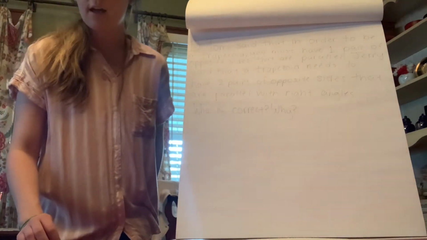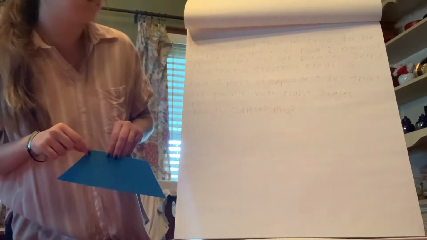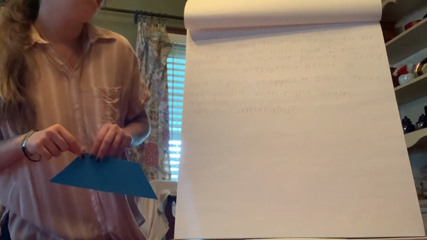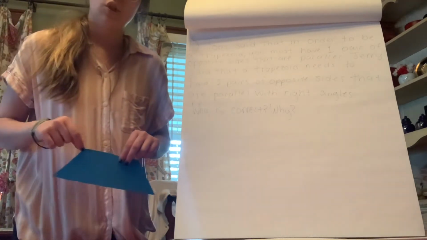This one right here has one pair of opposite sides that are parallel. And then the shape that Jerry is describing, with two pairs of opposite sides that are parallel with right angles, could be a rectangle.